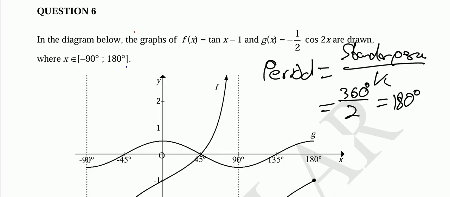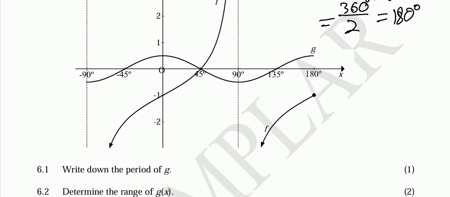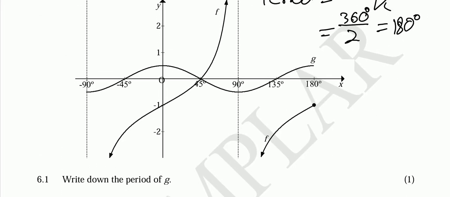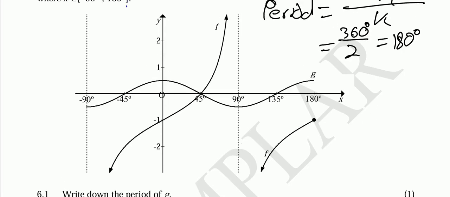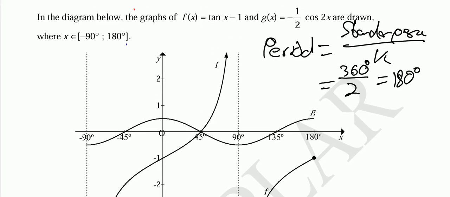We can see our graphs, we can see the points. Okay, so everything is fine. Now let's go to the questions. The first question says, write down the period of g. The period of g, we already calculated, which is standard period over k.